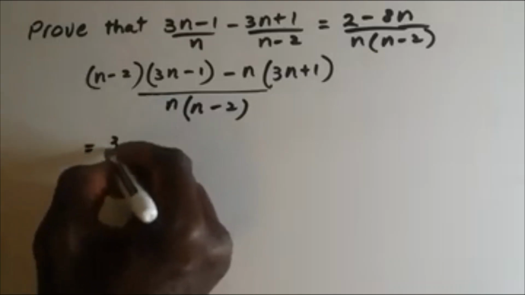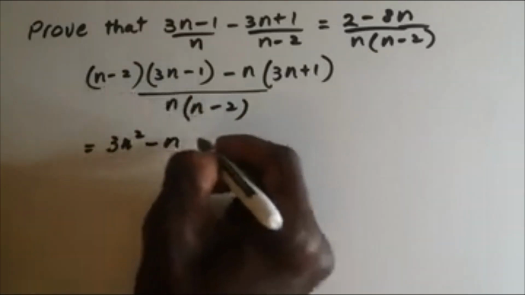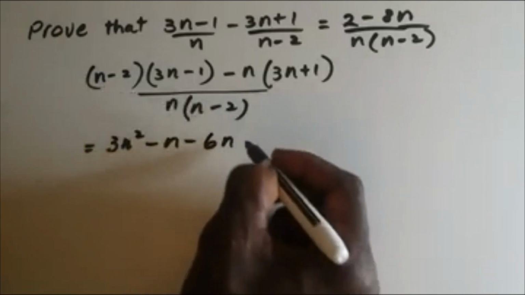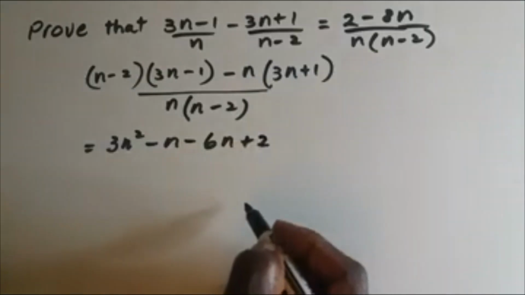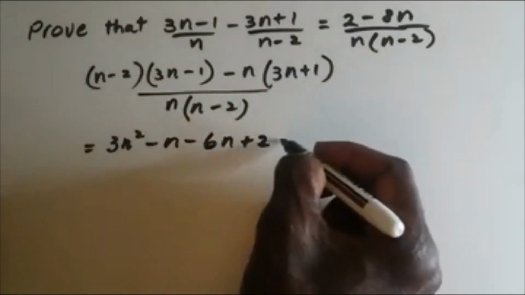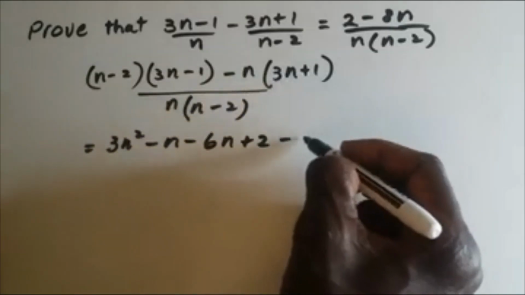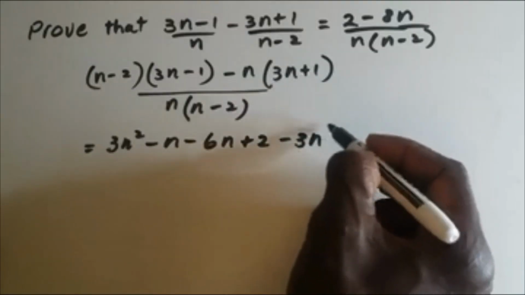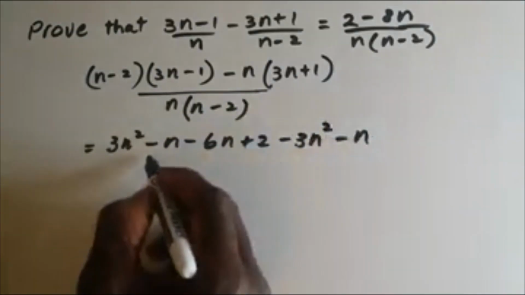3n squared minus n minus 6n add 2. And we have a minus here. A minus n times 3n will give us minus 3n squared, and then we have minus n.